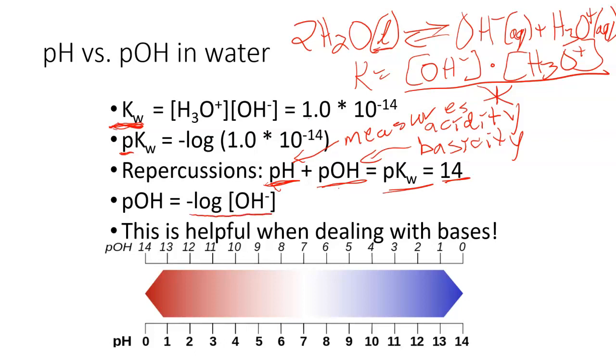And we'll get into that a little bit more when we look at bases and how we calculate with bases. But this is going to be very helpful as we deal with bases, because if I know, for example, that my pOH is 10, then I know that the pH of that same solution is going to be 4. So this is just two different ways of measuring it if I'm looking at pH and pOH.